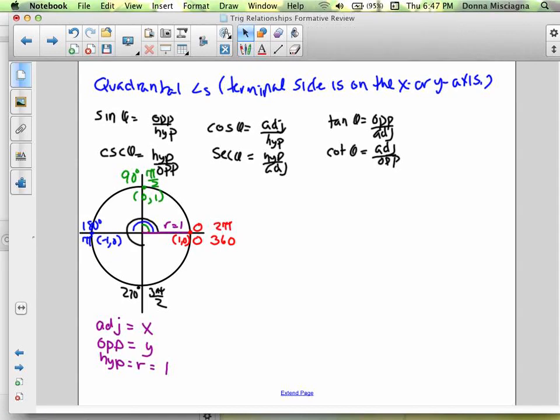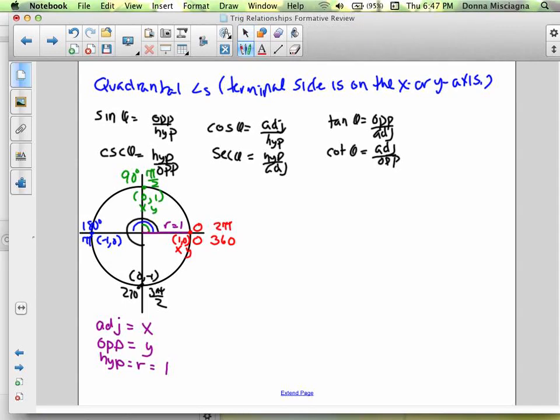And this location is the point 0, -1. So in every instance, the x value will be the adjacent, the y value will be the opposite, and no matter what, the hypotenuse is going to be 1.